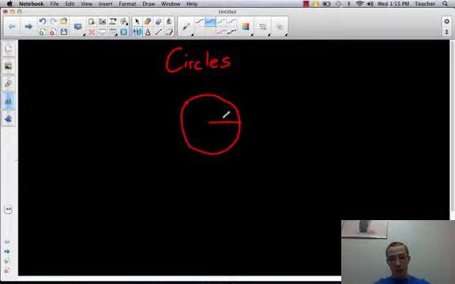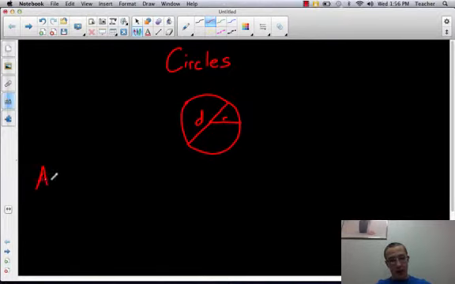I'll label that with an R. This big line that goes through the entire thing is called the diameter. We're going to label that with a D. Diameter takes up the entire thing, radius takes up half of it.